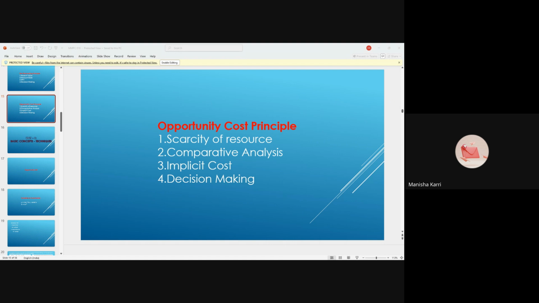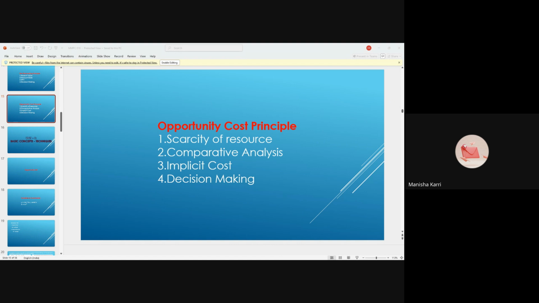Here are some key points in opportunity cost. The first one, as you can see on the screen, is scarcity of resources. The opportunity cost principle arises from the basic economic problem of scarcity, which means resources are limited compared to the unlimited wants and needs of every individual and society.